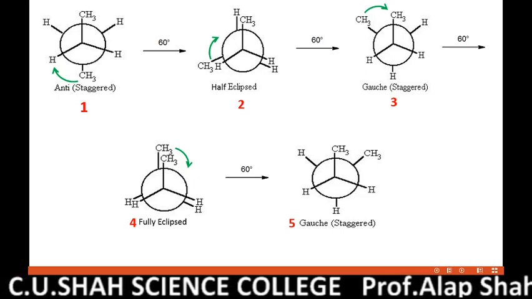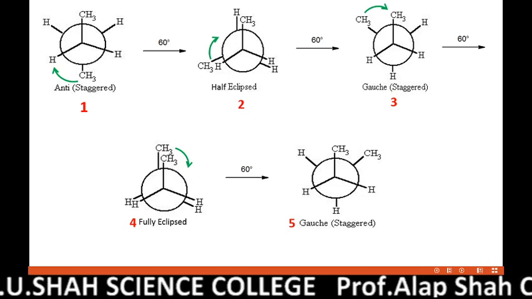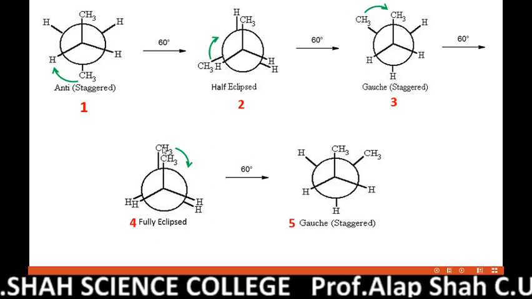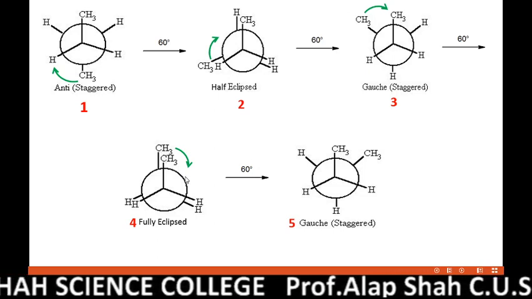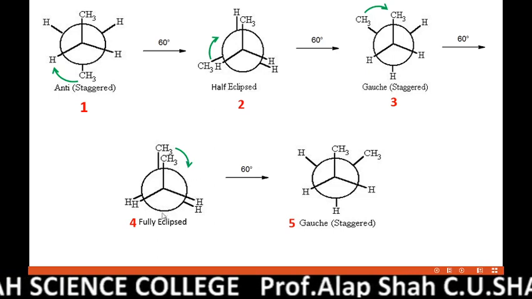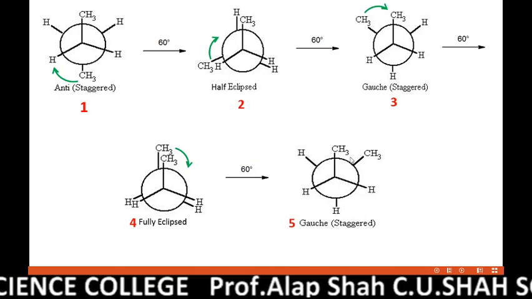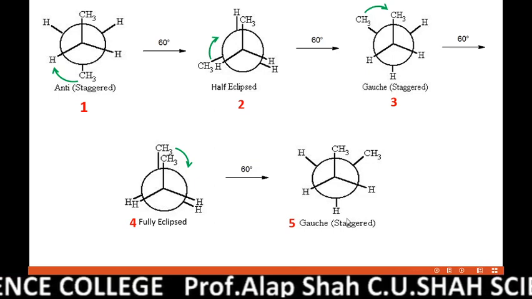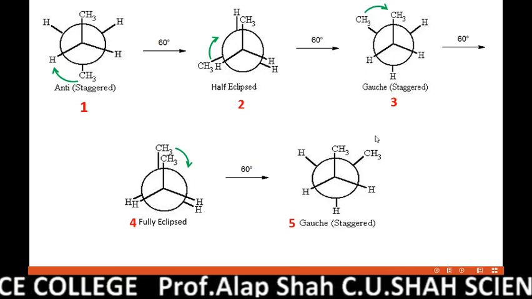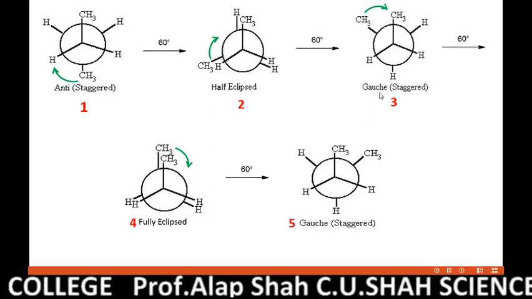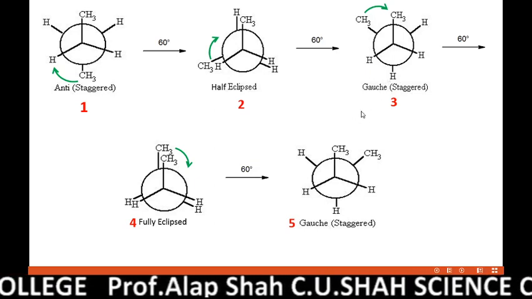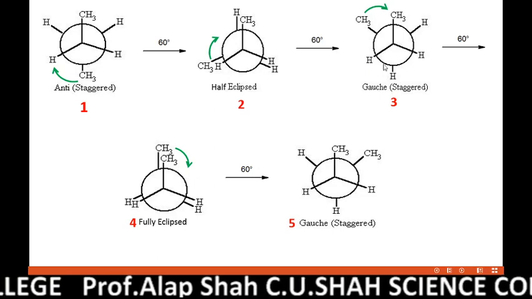And finally, whenever we give 60-degree rotation to this full eclipse, again methyl would move here, hydrogen here, and this hydrogen here. And we are getting another staggered, which is also Gauche conformer. If you compare 3 and 5 closely, you will find that both are mirror images of each other.